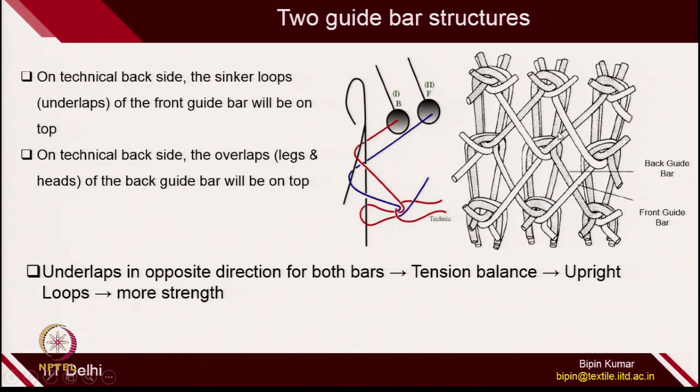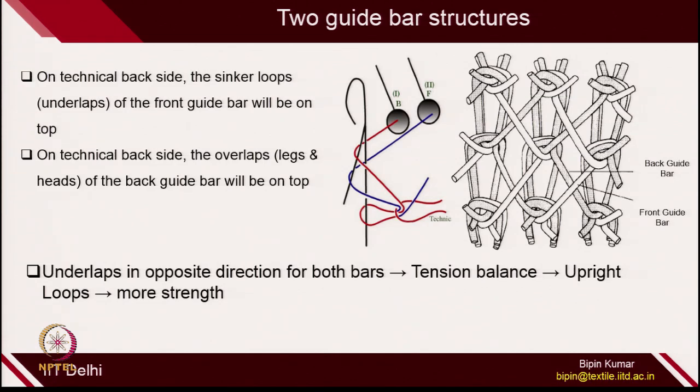The loops are not tilted in the way shown in the previous slides. So, loops become more stable and hence the strength of the fabric will improve. Depending on the underlap direction of the 2 guide bars, some key fabric properties can change, especially the strength and the stability of the loops.